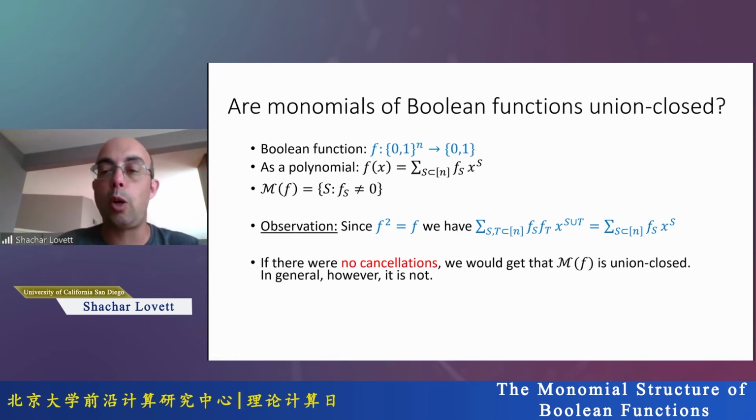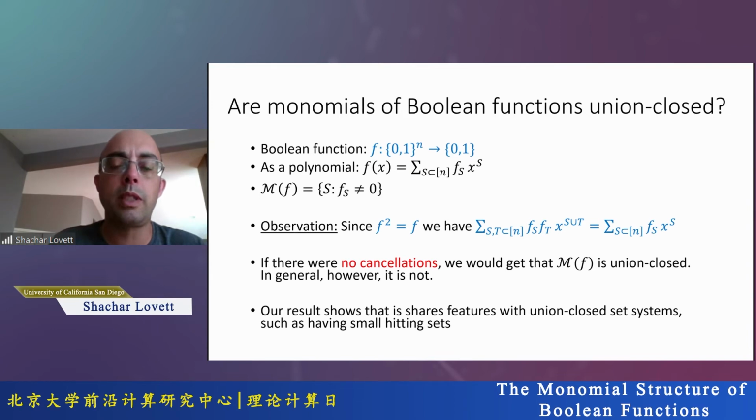But if somehow magically there were no cancellations, then we would get that the monomials of a Boolean function are union closed. Now, of course, they're not, and it's easy to build counterexamples. But what we proved shows that even though it's not union closed, it shares some similarity with union closed set systems.